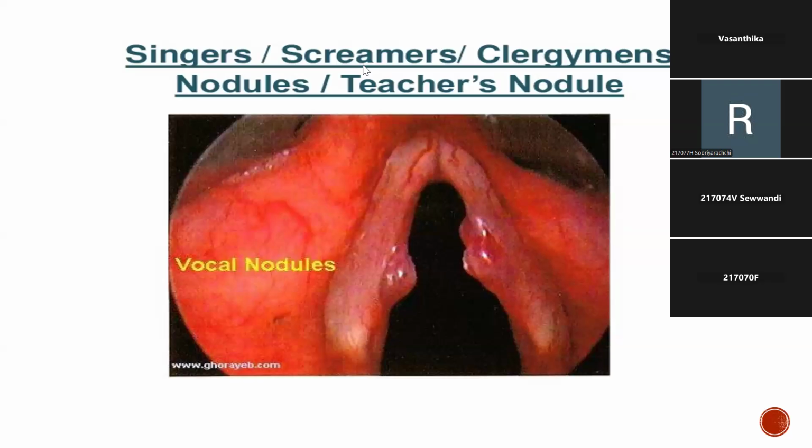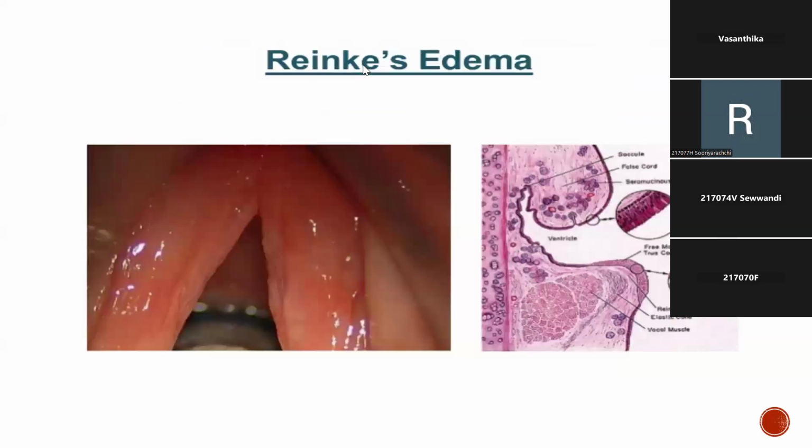But if the nodules are a little harder, you have to do a microlaryngoscopy, a surgical procedure, and removal of the nodules. So it's your duty, if a teacher or a voice user comes to you with a voice change, to be aware that this can be vocal cord nodules and proper examination is needed.